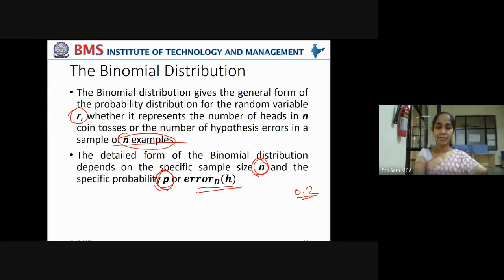If we take it as P, then it also represents the true error. True error is the error associated with new instances, the error associated with the larger population.